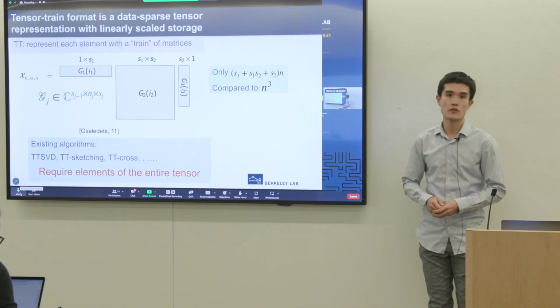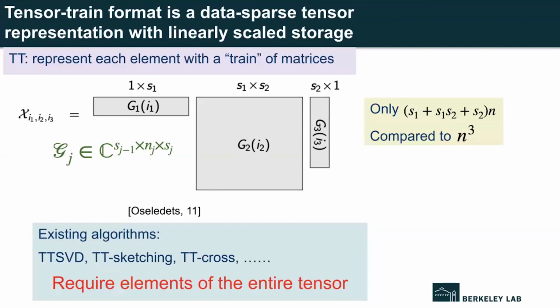In this talk, I'm going to talk about the Tensor-Train Format, which is also known as matrix product state in quantum physics. Simply speaking, the Tensor-Train Format stores every element of the tensor as the product of a sequence of matrices.